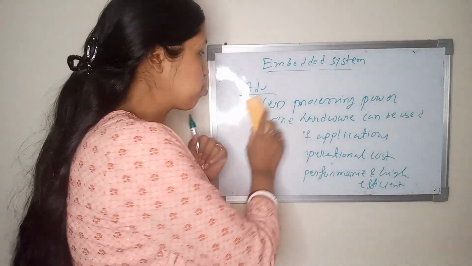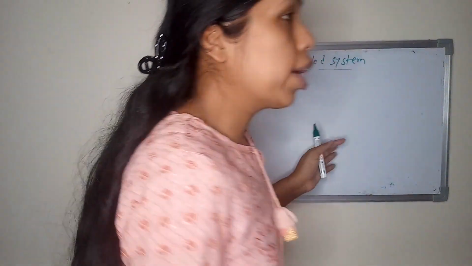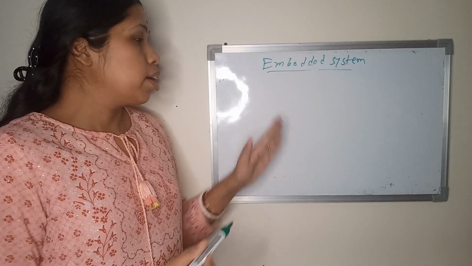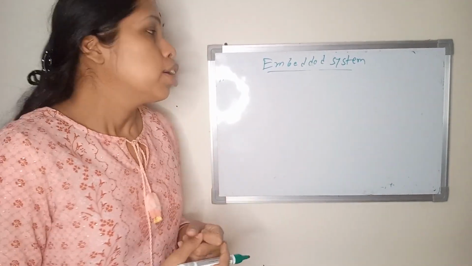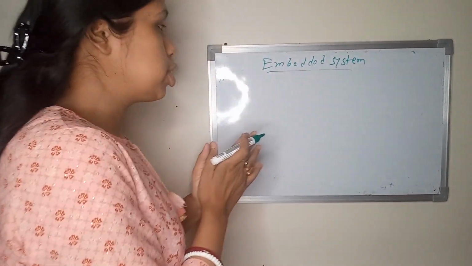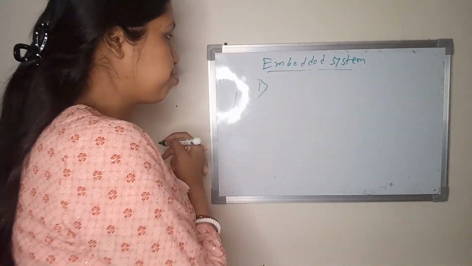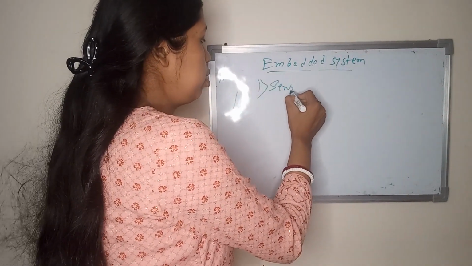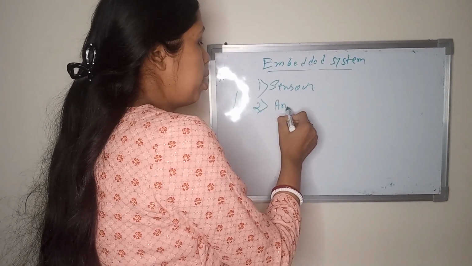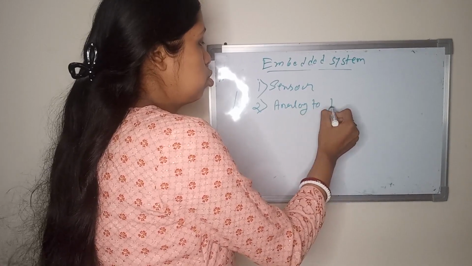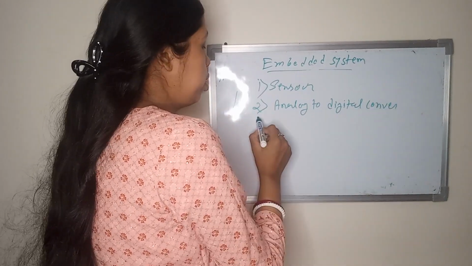Now come to the components. I will give one example for designing the block diagram. Here I am writing what components are mainly required for designing the embedded system. First is the sensor. Second is the analog to digital converter.